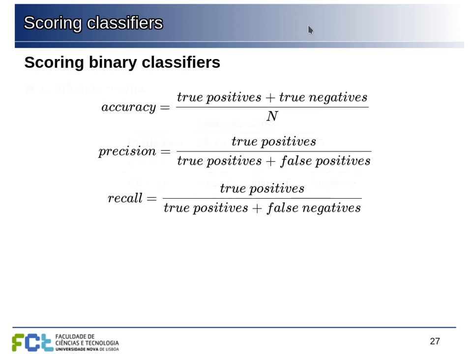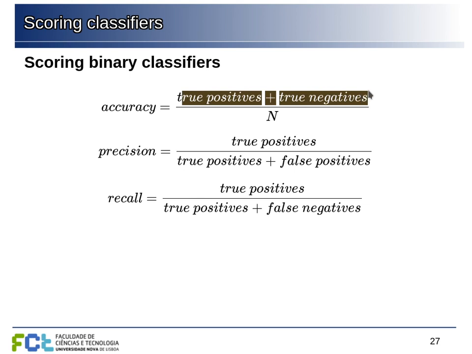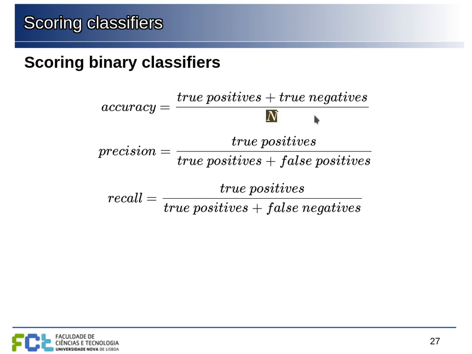Now we can use that for some performance measures. Accuracy is basically the fraction of correctly classified examples. So we sum the true positives and the true negatives, and we divide by the total number of examples, and this is accuracy. If you have an accuracy of 0.9, it means that the classifier is getting things right 90% of the time.